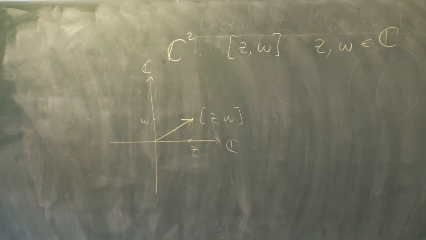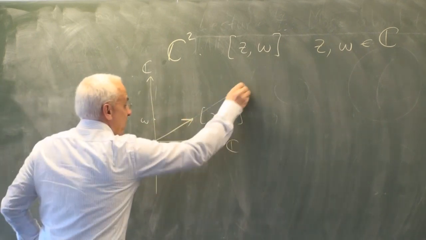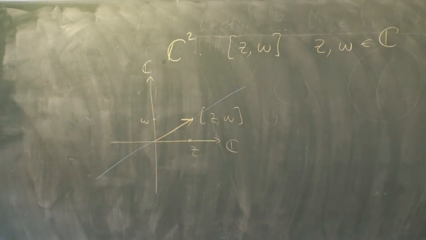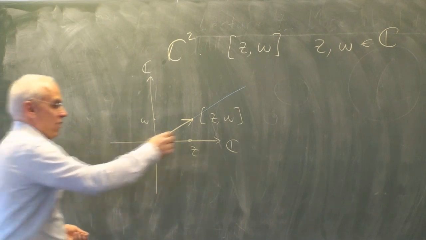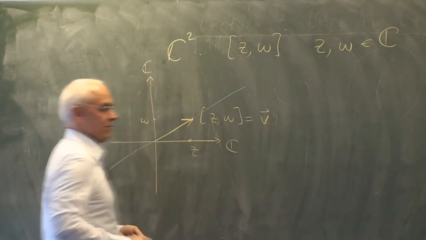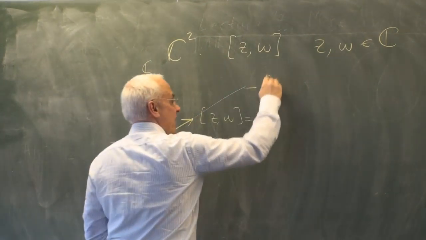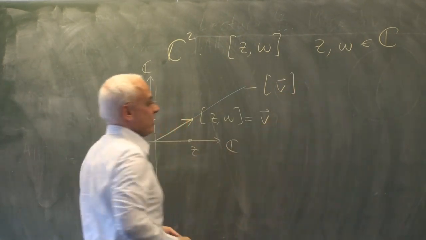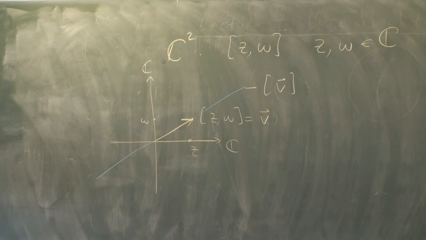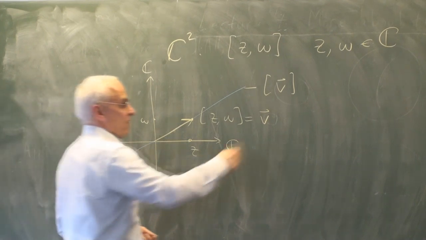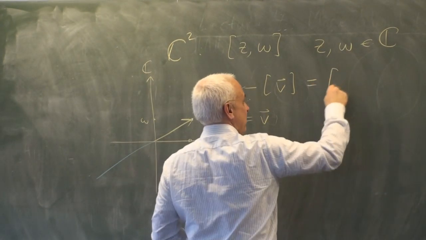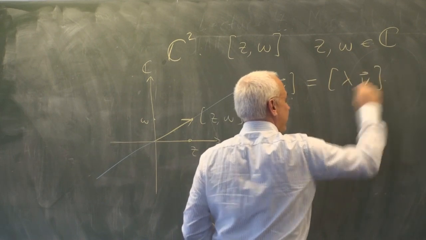The line through it, in other words, all multiples of it. So let's say I call this the vector v, to use vector space language, then this line we can represent by that bracket v. So we can think of that as being the same as bracket of lambda v.